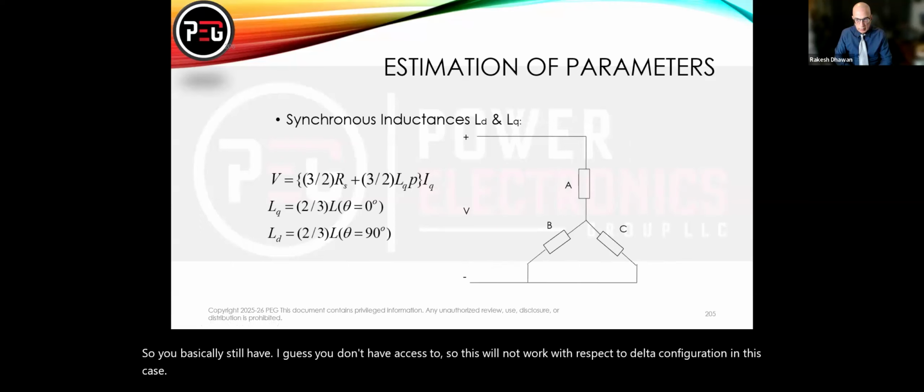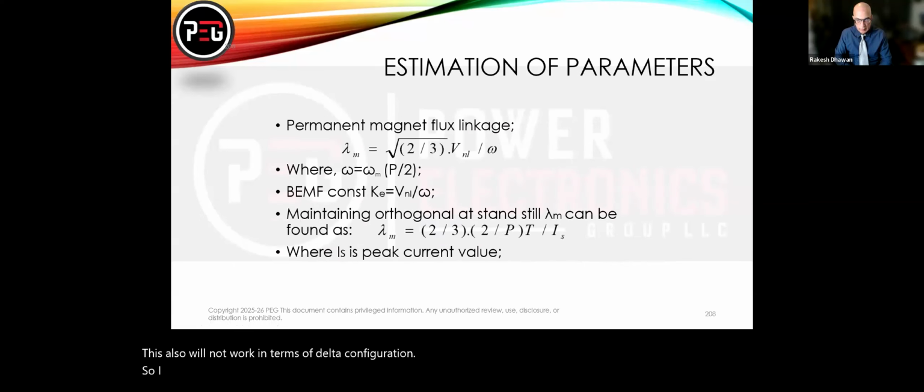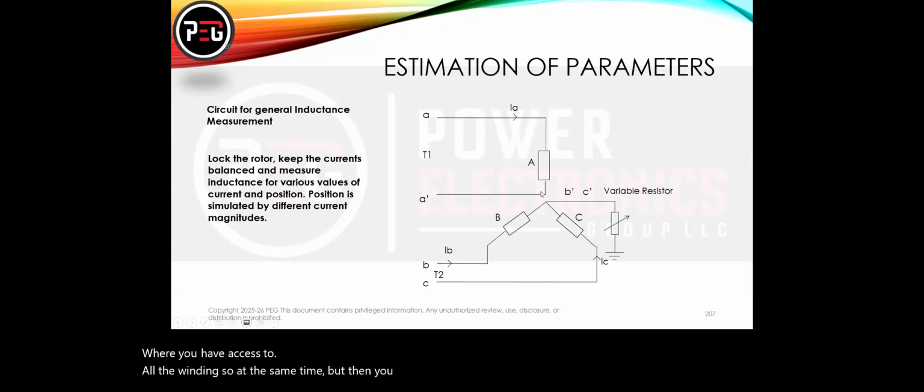This also will not work in terms of delta configuration. This could work in delta configuration where you have access to all the windings at the same time. Sorry, for this configuration, you don't have access to the neutral. So how is it going to work?